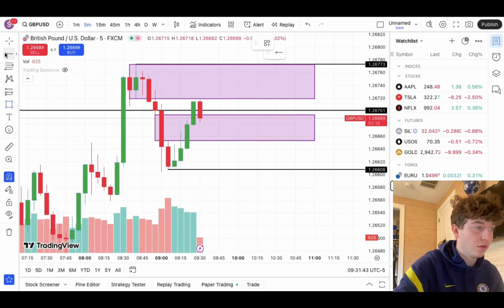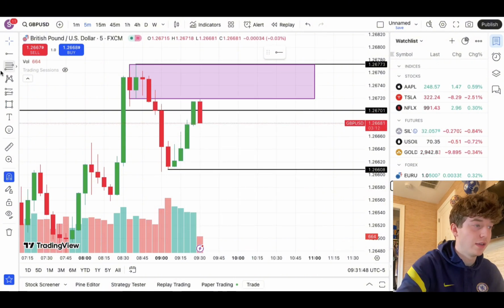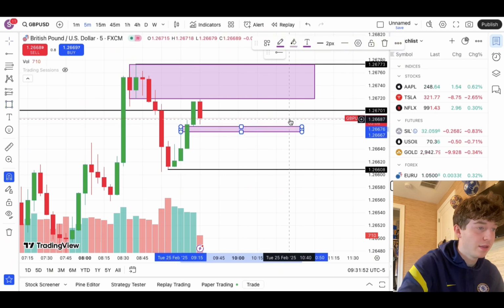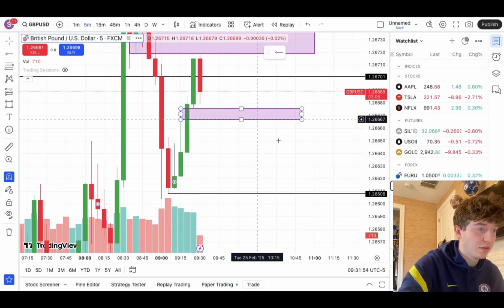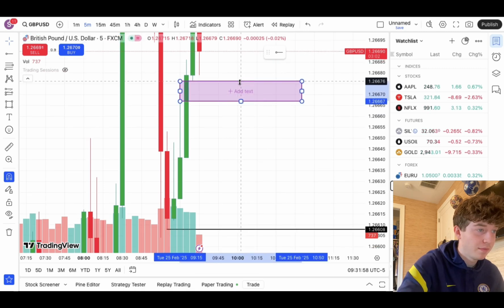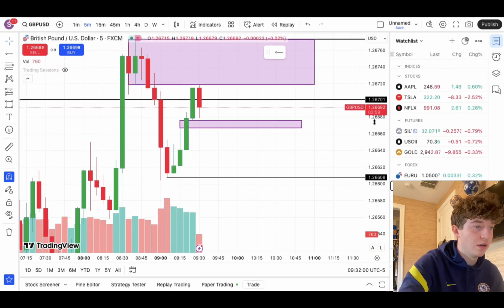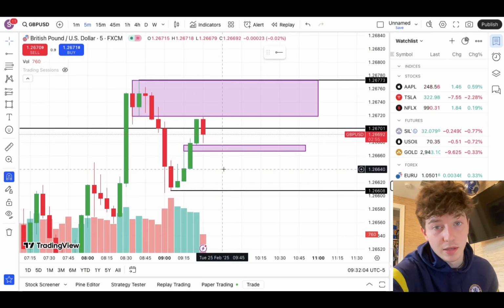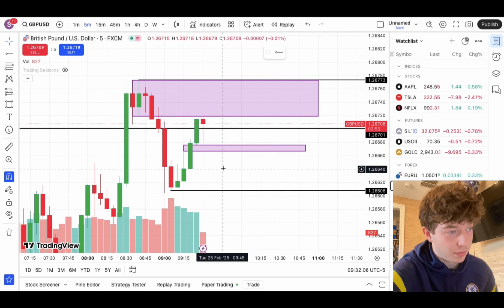Again, we can delete this fair value gap now because we disrespected it, but we have a new fair value gap there. So if price is looking to disrespect this fair value gap and blast through it, that's a sign that we might not continue to be bullish.